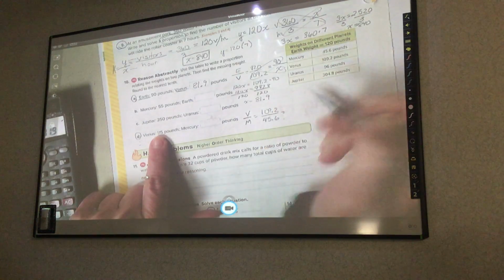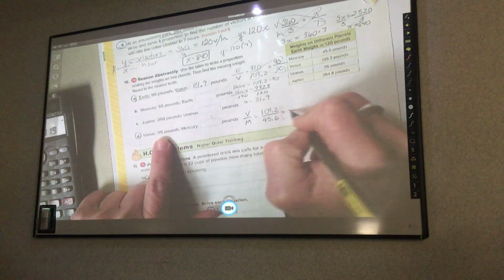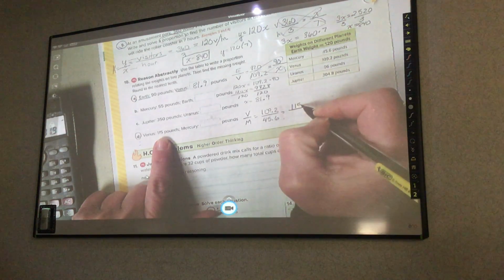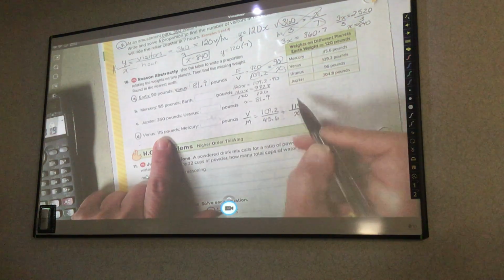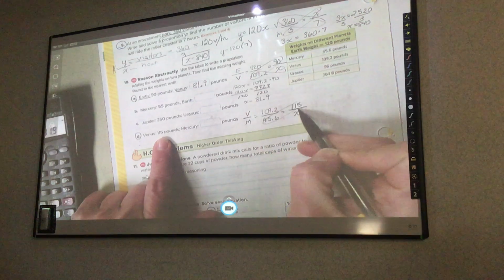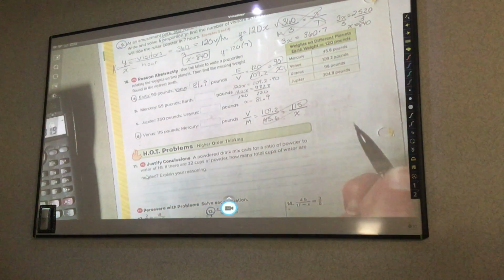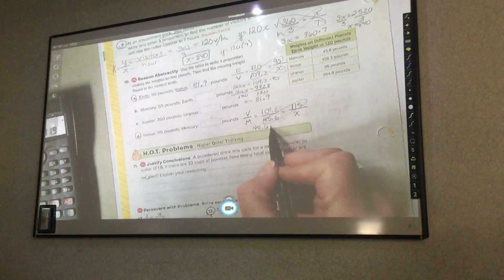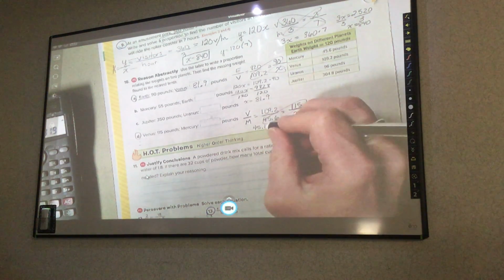Then I know Venus is 115, so does that go on the top or the bottom? Top. And x goes on the bottom. Cross multiply, which is the cross product. You said you were going to start saying it that way.